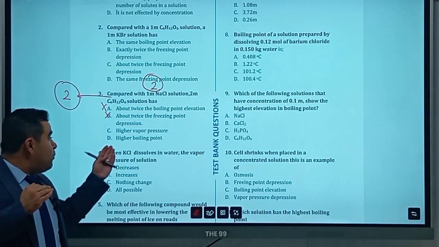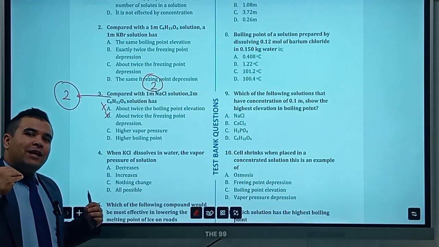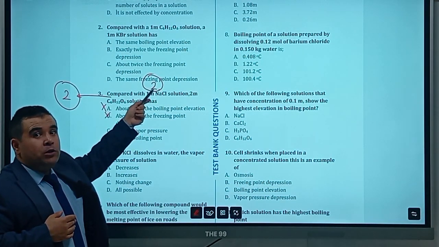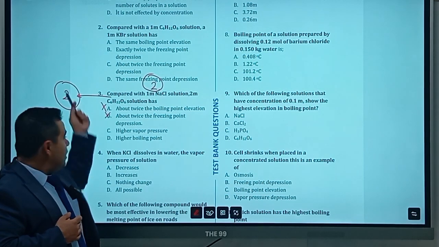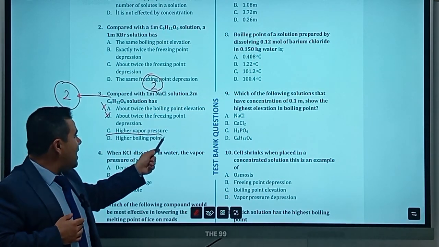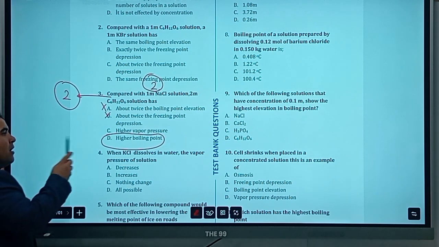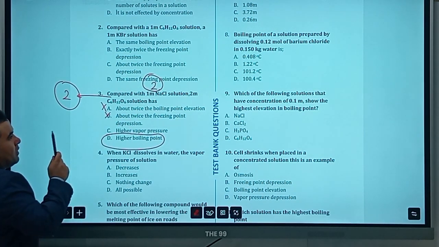But the actual boiling point is lower than the expected. So the actual value of the boiling point of this is lower than the sugar. That's why the sugar has the higher boiling point than the NaCl actually.